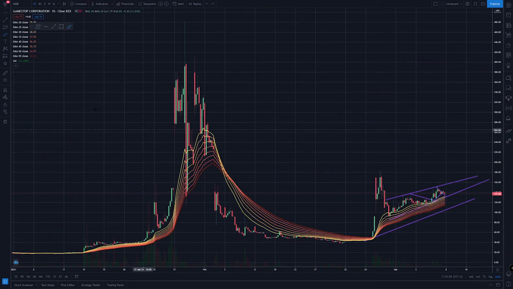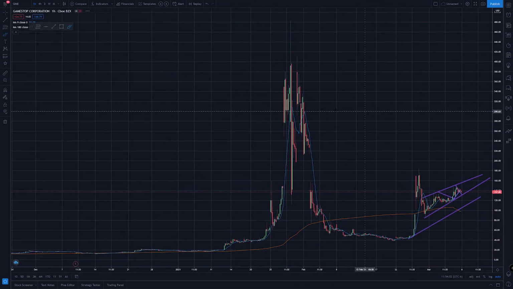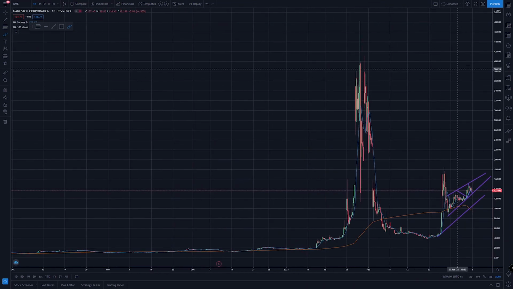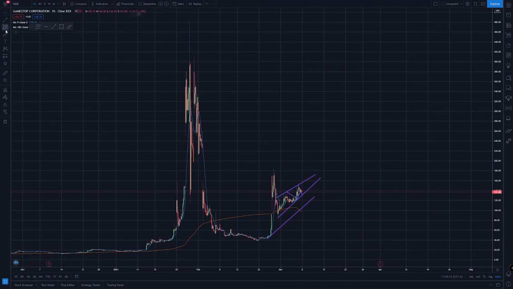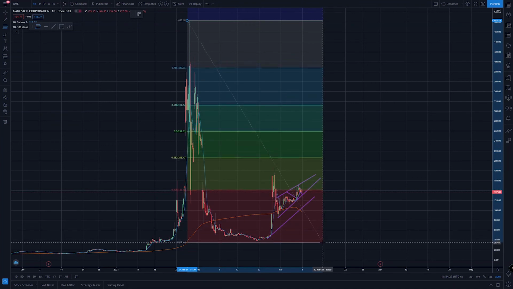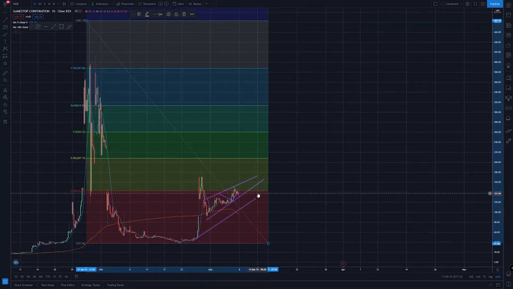Alright, so before we end the video, let's look at the big targets possibly, or at least a big target. Let's bring out the Fibonacci tool. We're going to go from the top of this peak and bring it down to the bottom, what we think is the bottom. And that'll give us some levels to look at.